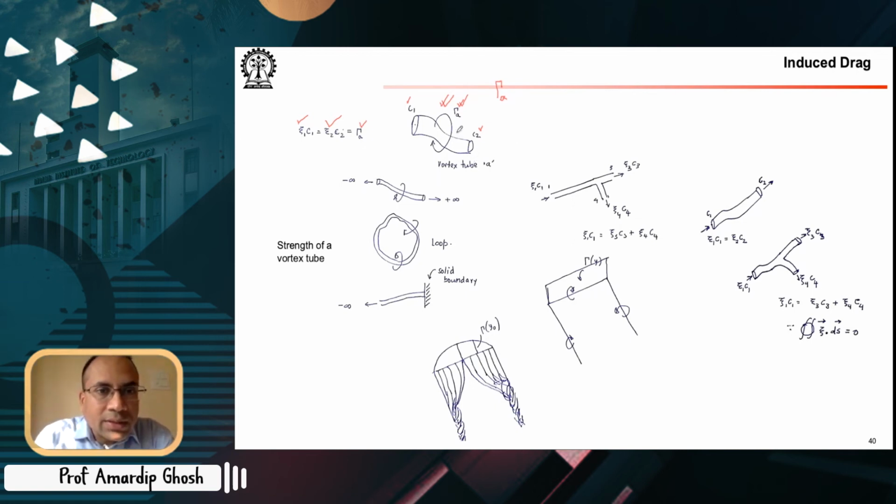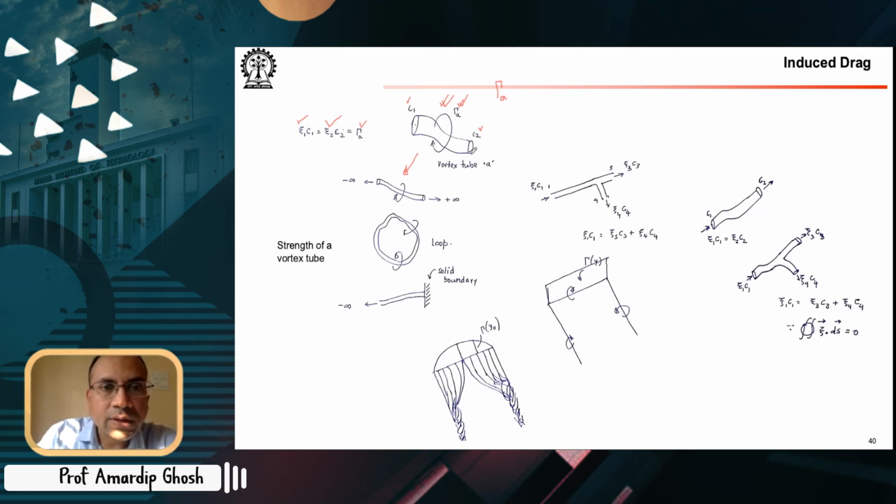A natural consequence of that requirement brings us to this idea that vortex tubes cannot just exist in isolation like this, because they cannot terminate by themselves, since the inflow and outflow of the product of vorticity times area will not be conserved.